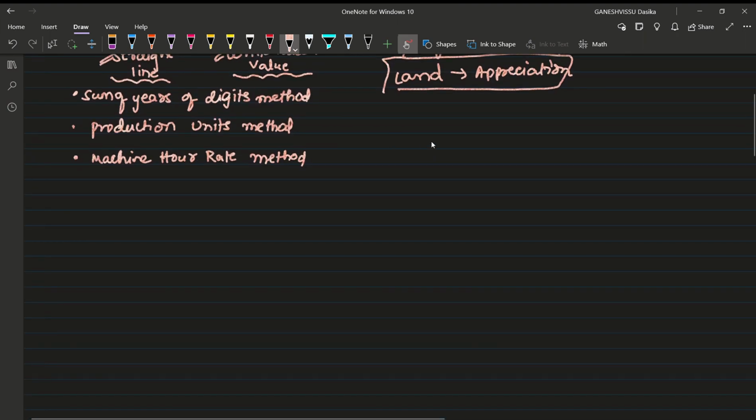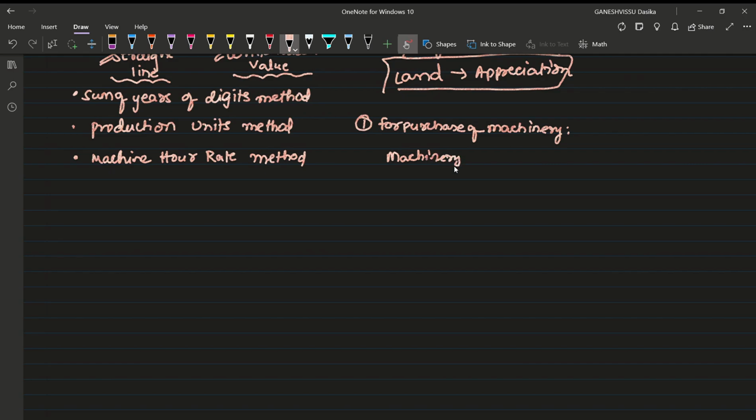First one is when the asset has been purchased. Let us take this asset as machinery. For purchase of machinery, what is the entry we are going to pass? Machinery account debit, because it is an asset, so it is to be debited.